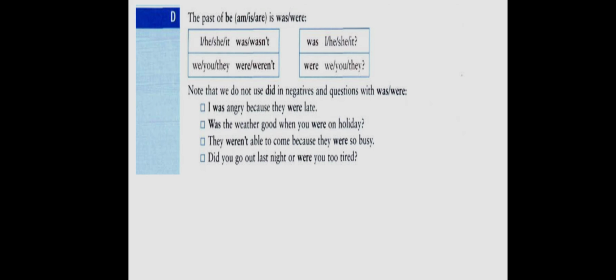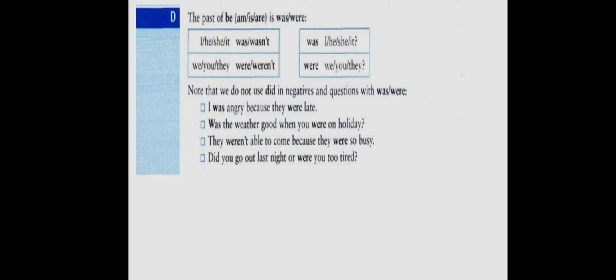So you don't mix. If you have a main verb like played, studied, worked, visited, wrote, went, then you can use did. But if the verb in the sentence is an auxiliary verb, a helping verb, was or were in the past, you don't need to use did in the sentence.